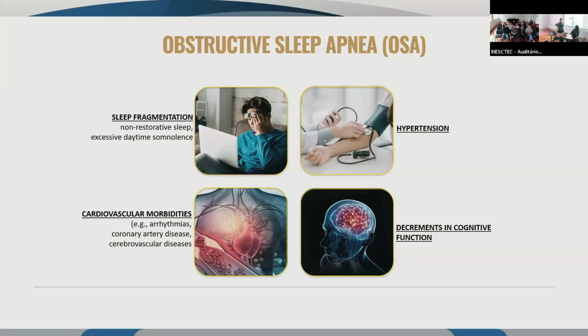Many of them are related to the size of your neck, your tongue, and mostly the upper airway. So you can also have large tonsils, or your jaw set back, retrognathia or something like that. So that can also cause you to have this type of disease. And all of this, of course, will result in decrements in cognitive function.